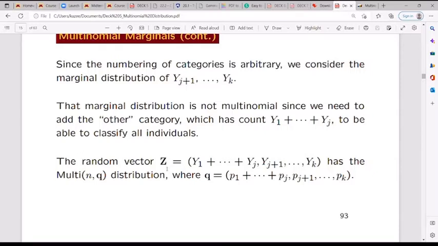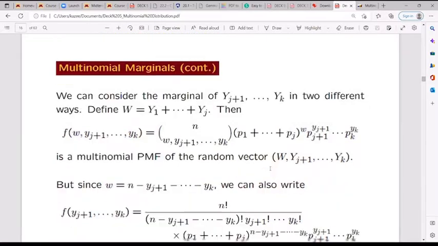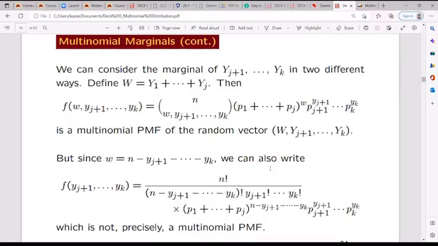Now, if I have a random vector z, which is this guy, and which has a multinomial distribution with this, where q equals that, now we can decide to figure out what the marginal is going to be. So here we're trying to figure out the marginal of yj+1 to yk in two different ways. We're going to define w equal to y1 plus y2 up to yj.